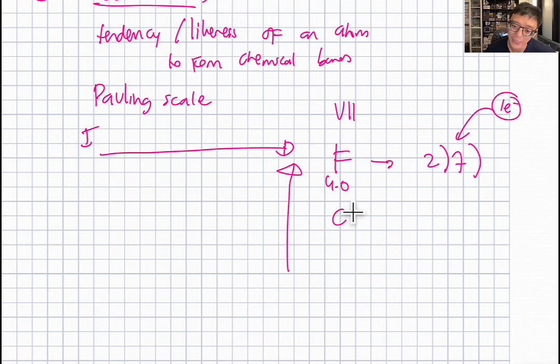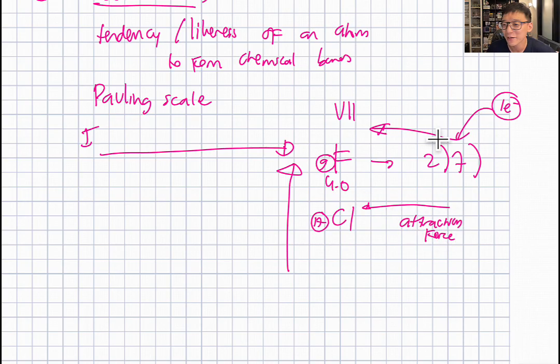F compared to Cl, let's say, F is 9, Cl is 17. So it's closer with F, the atomic radius. So the attraction force is much higher in F compared to Cl. Therefore, if F fights against Cl, then F would surely win the tug of war to obtain this electron.